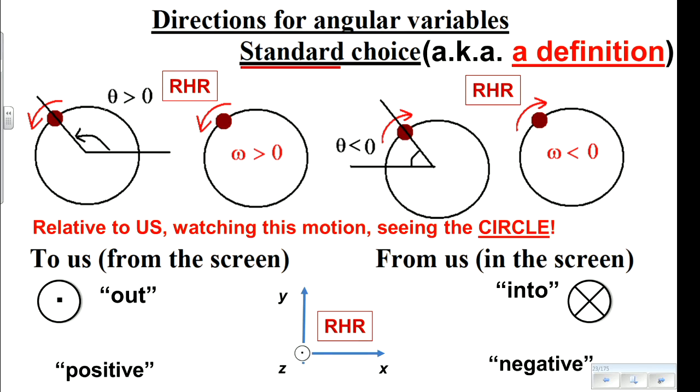If an object travels counterclockwise, we can take a protractor, we can measure this angle, and we have to say this angular displacement should be positive because according to an agreement, counterclockwise direction is set to be positive, that's it.